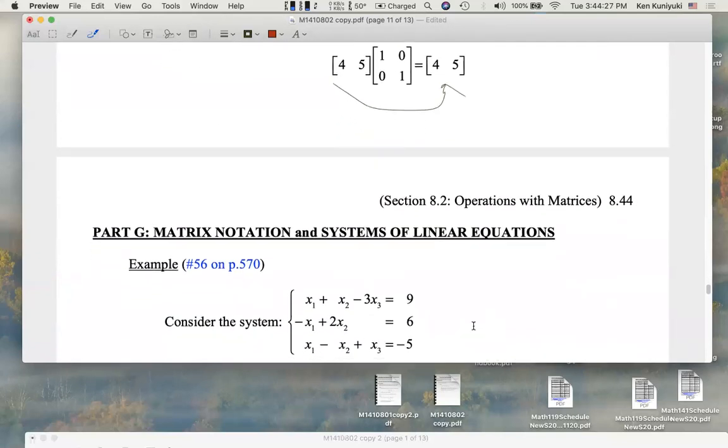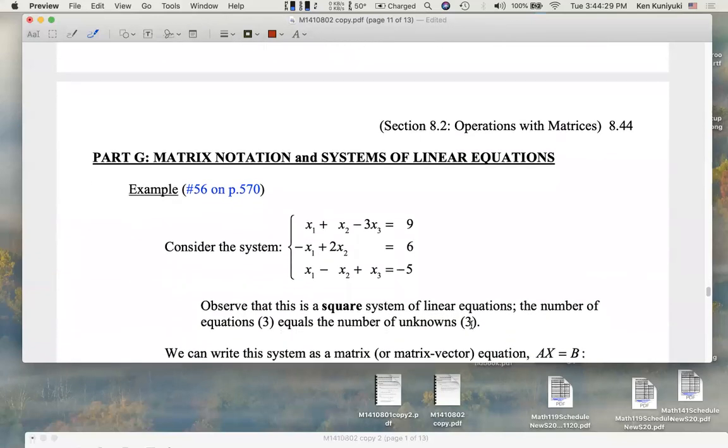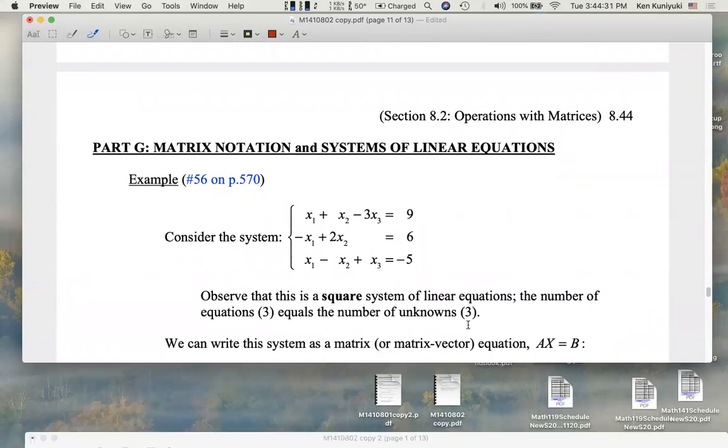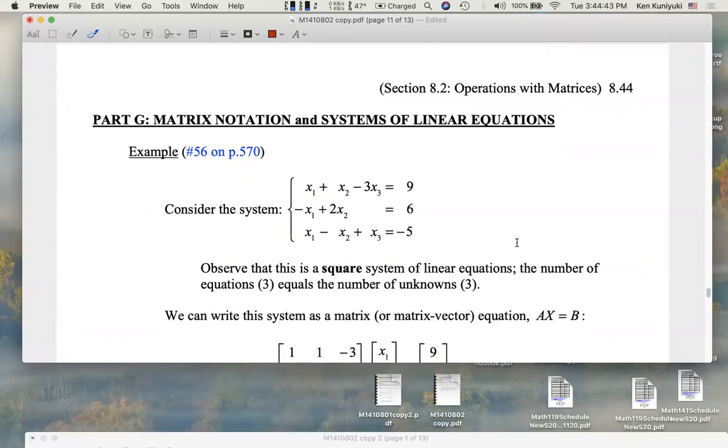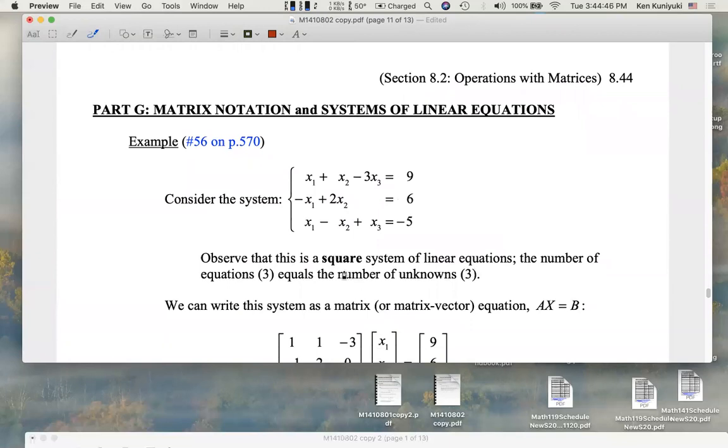Okay, now, where can matrix notation help us in terms of solving systems of linear equations? Let's say we want to solve this system. And I know it might be a bit disorienting because we don't see x, y, and z. We see x sub 1, x sub 2, and x sub 3. A system of 3 linear equations in 3 unknowns.